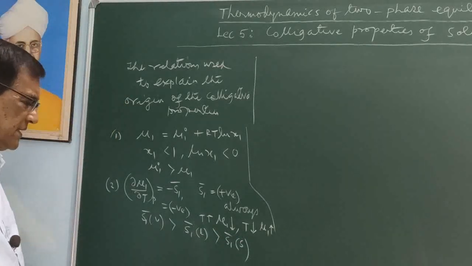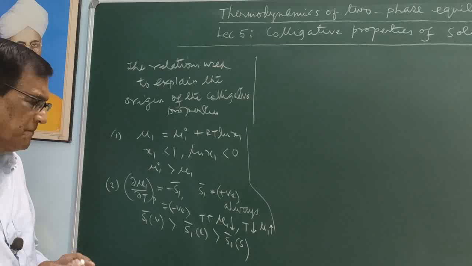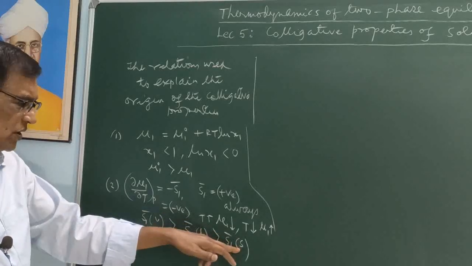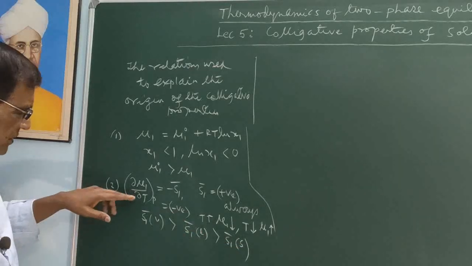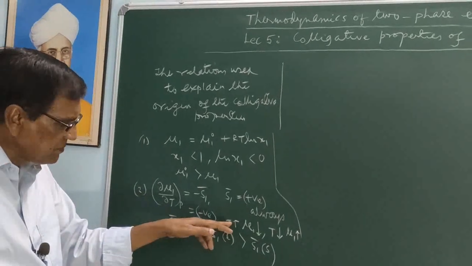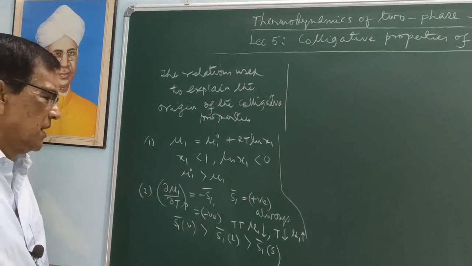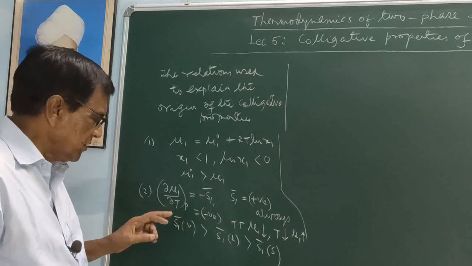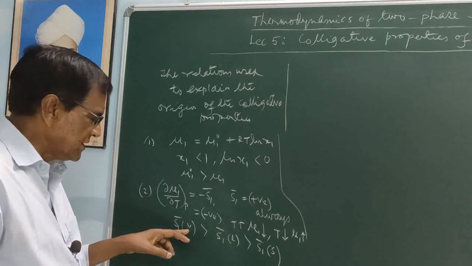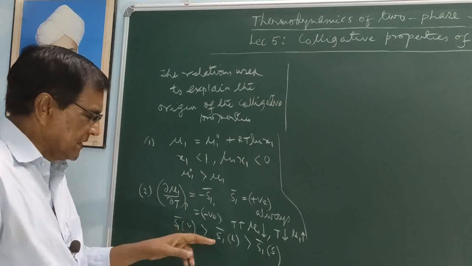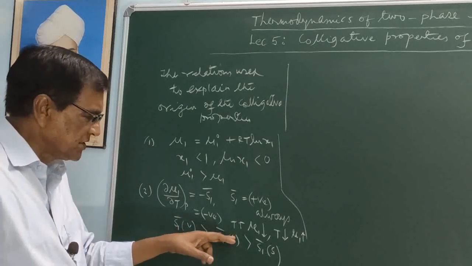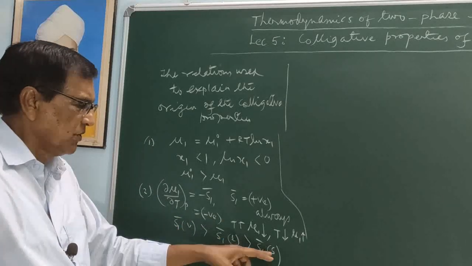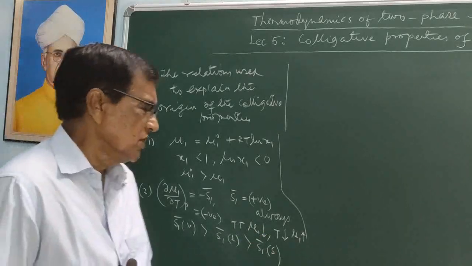Since randomness in the vapor is much greater than in the liquid, than in the solid, naturally with the same rise in temperature, there will be more lowering of chemical potential when the solvent remains in vapor phase, less in liquid state, and least when the solvent remains in solid state.